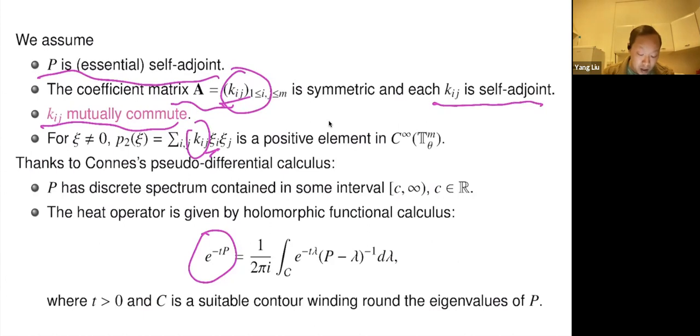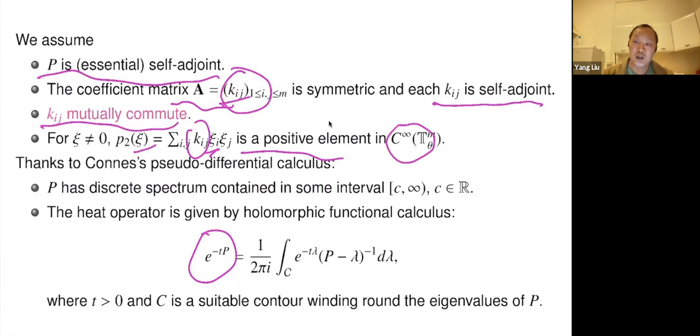Then the usual condition to get this heat asymptotic is that we want this symbol to be positive. In this functional analytic setting, for fixed xi we get an element in this pre-C star algebra.